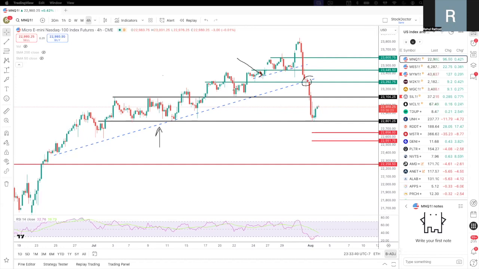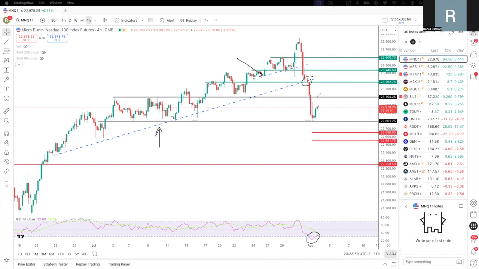Now on the weekly chart we are seeing a downside, but on the 4 hourly chart I'm seeing there might be a possibility of one more upside from here, because the RSI is low.